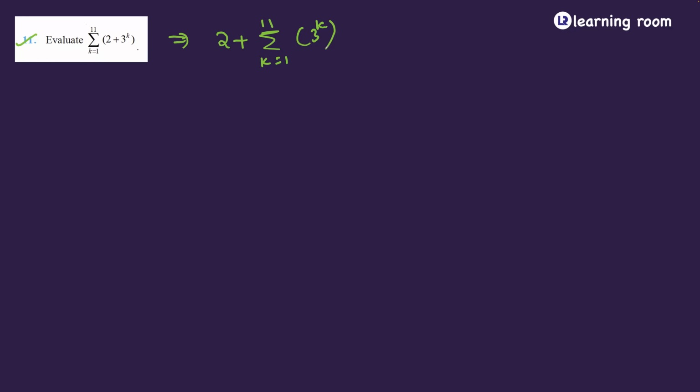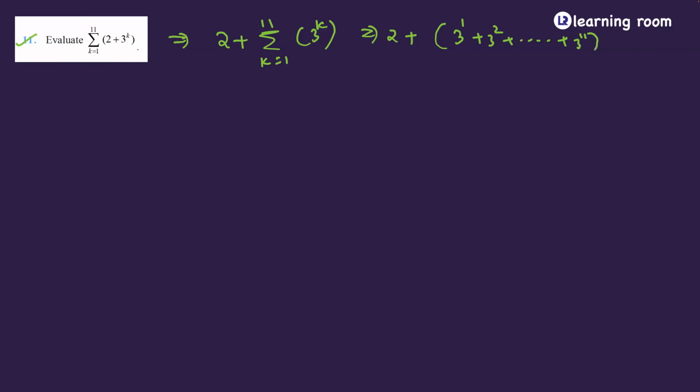Okay. So this will be equal to 2 plus, what is going to happen here? It will be 3 power 1 plus 3 square plus so on till 3 power 11. You understood the meaning of it?